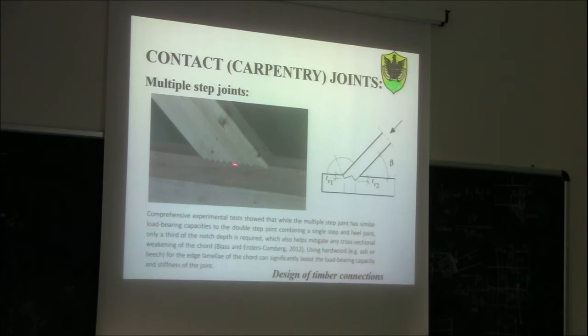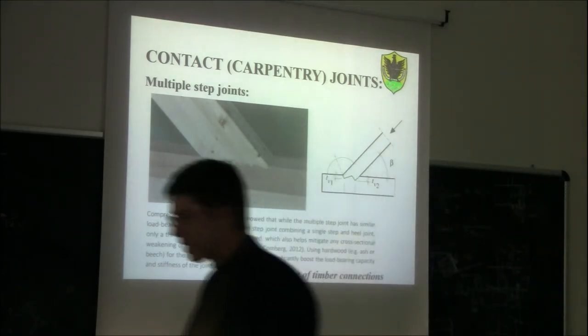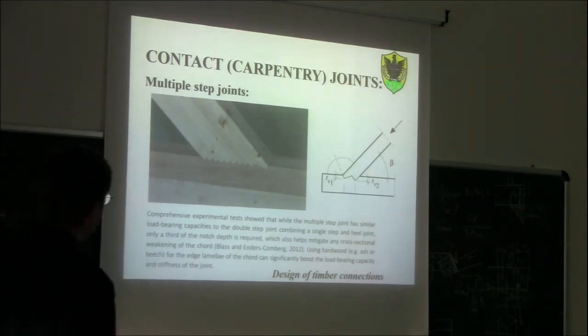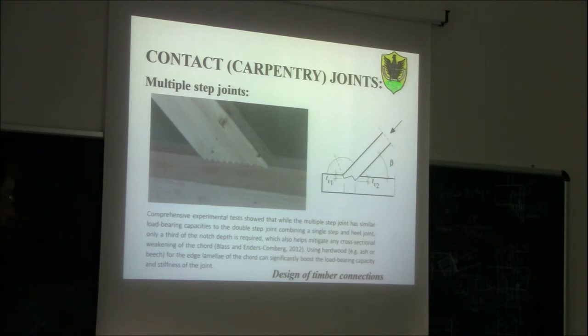In this case in particular, you can see that they have a glue laminated timber beam where they use hardwood for the outer lamination, so very strong wood. This way, of course, you have an even better behavior because all this compression perpendicular to the grain will be resisted by hardwood, which has a much higher compressive strength perpendicular to the grain compared to normal softwood.